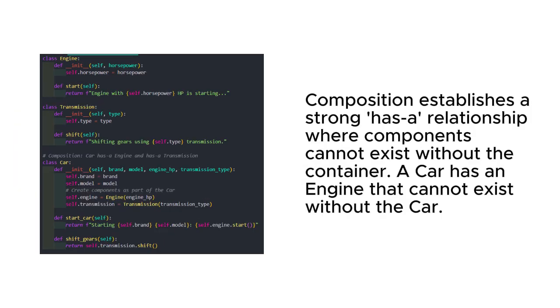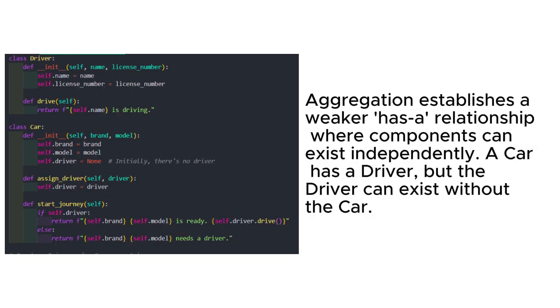Composition establishes a strong has-a relationship where components cannot exist without the container: a car has an engine that cannot exist without the car. Then aggregation establishes a weaker has-a relationship where components can exist independently: a car has a driver, but the driver can exist without the car.